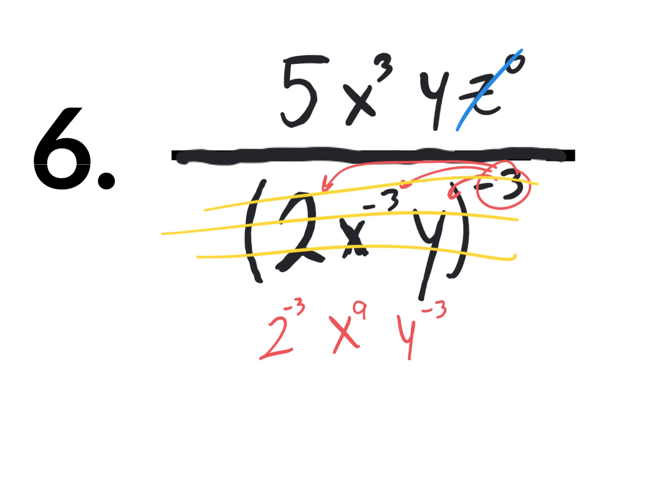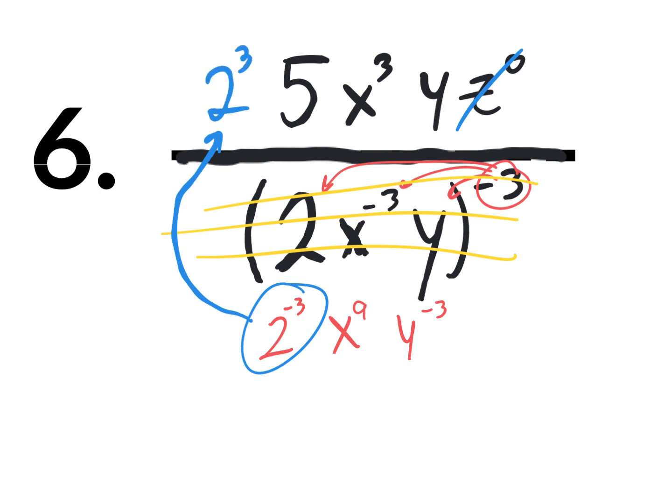So now, what other rules could I apply now? What other rule stands out to you? Anything? The negative exponents. Anything with the negative exponent must be moved to the other side and it'll become positive. So we have 2 items with negative exponents. We have this 2 to the -3, and I'm going to move that up right next to the 5, and make that a 2 to the +3.